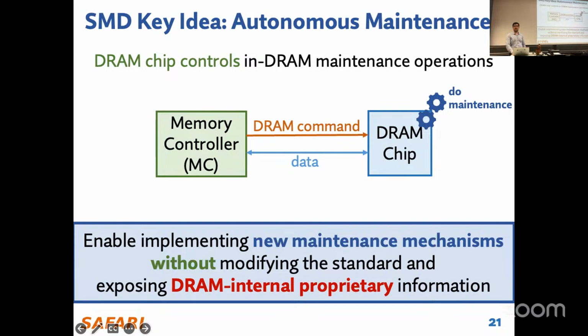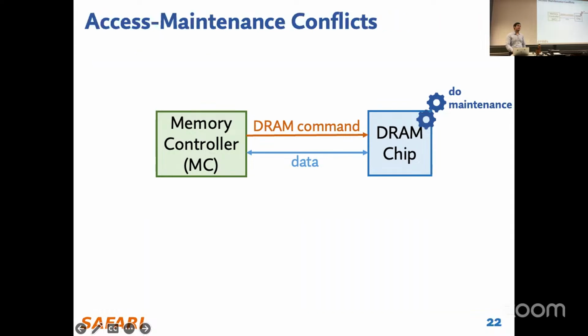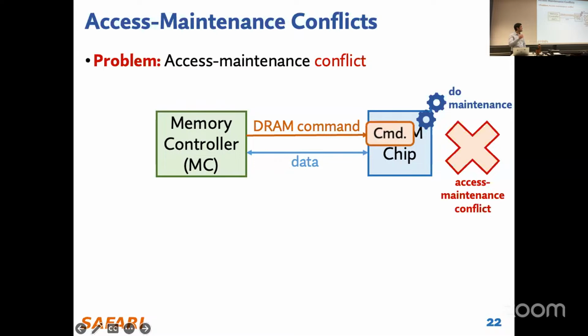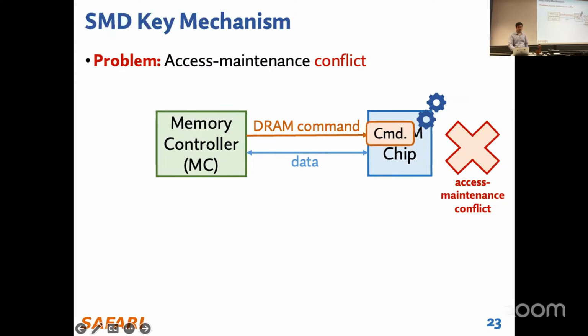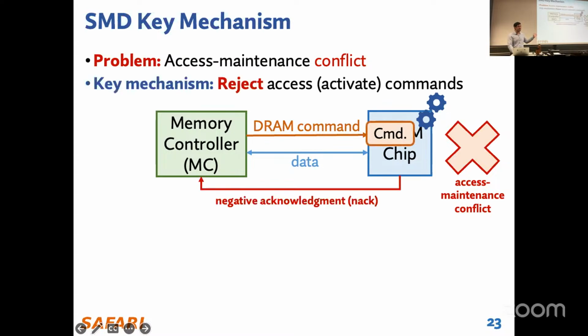One problem that autonomous in-DRAM operations introduce is what we call access-maintenance conflicts, which happen when the memory controller accesses a region in memory that's undergoing maintenance. Our solution to this problem is to make a simple change in the DRAM interface that allows the DRAM chip to reject access commands.